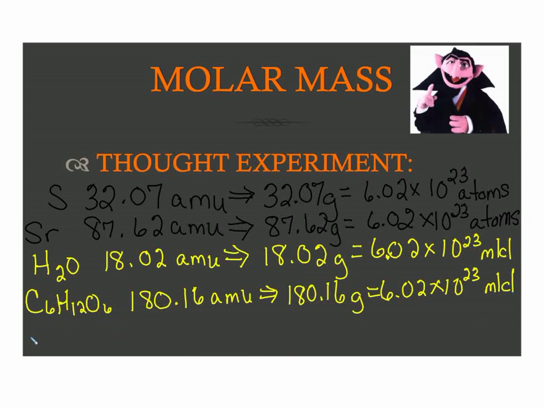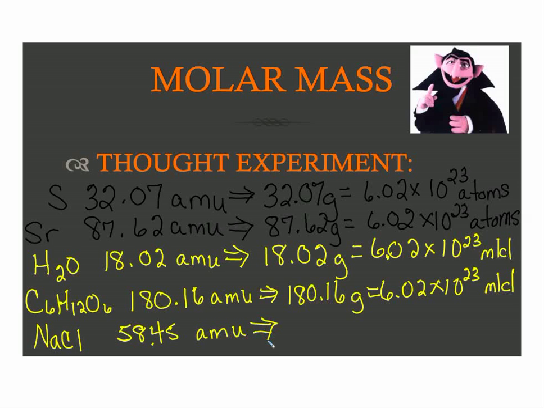All right, now just for grins, let's do a formula unit. There's one down a little further in your notes. So if I took sodium chloride and I added up one sodium plus one chlorine, I would get 58.45 atomic mass units.